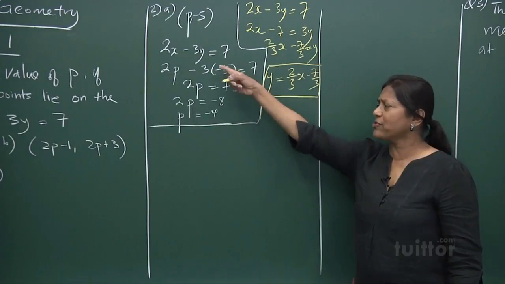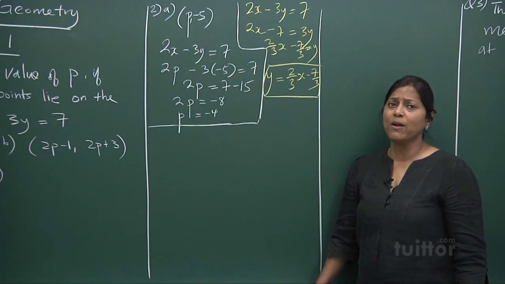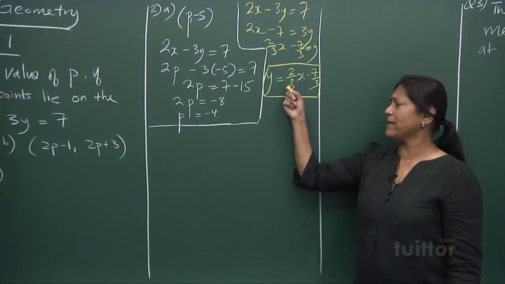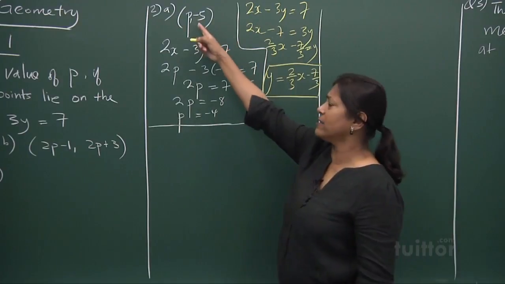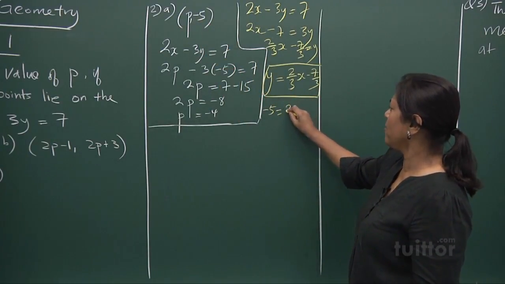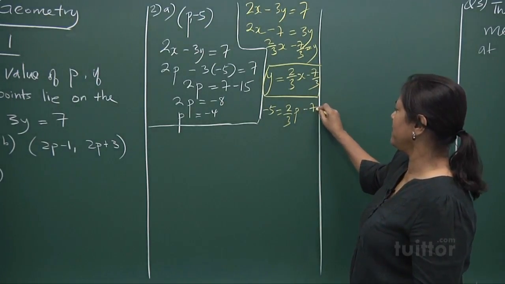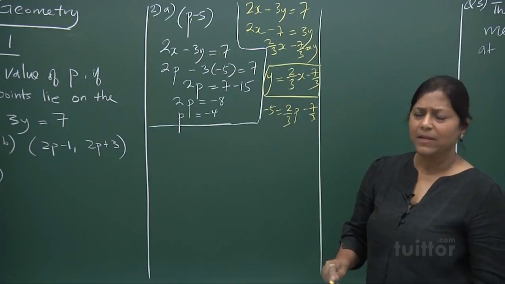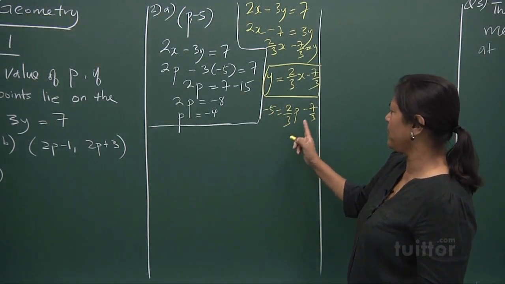Alright, right now we're just substituting directly. You can also do it by an alternative method. Express it this way, and you can say, hey, your y is minus 5, and your x is p. Put it in, and minus 5/3 comes here. Bring all the numbers here, leaving 2/3 p there.